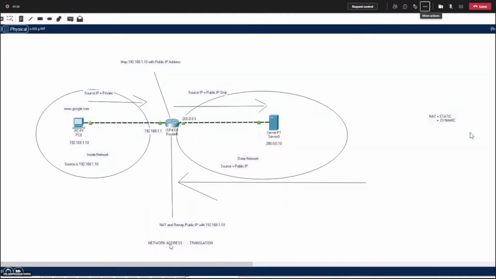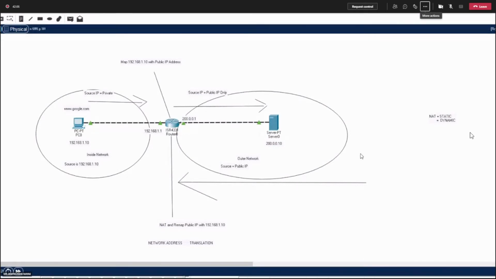NAT is network address translation, and it works like this: if a computer like PC0 tries to access google.com, then before the request reaches the server, Router 0 will map the private IP address used by PC0 with a public IP address, and in the outer network the request will be transferred with the public IP address as the source IP address.